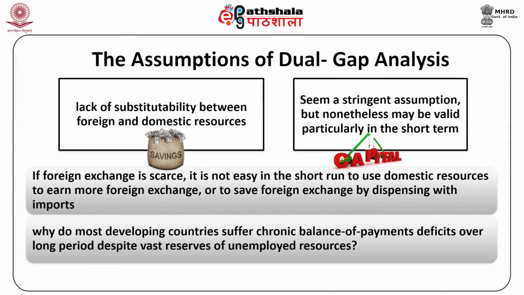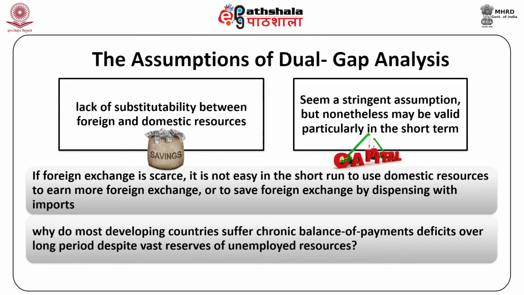The basic underlying assumption of dual gap analysis is a lack of substitutability between foreign and domestic resources. This may seem a stringent assumption, but nonetheless may be valid, particularly in the short term.